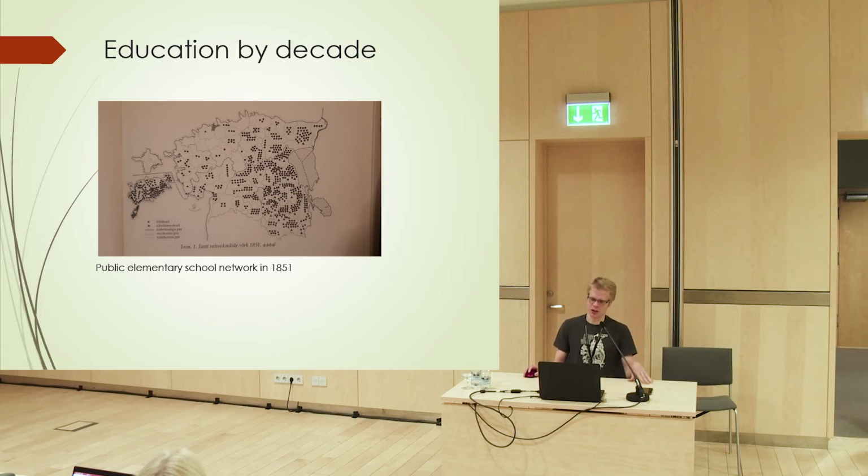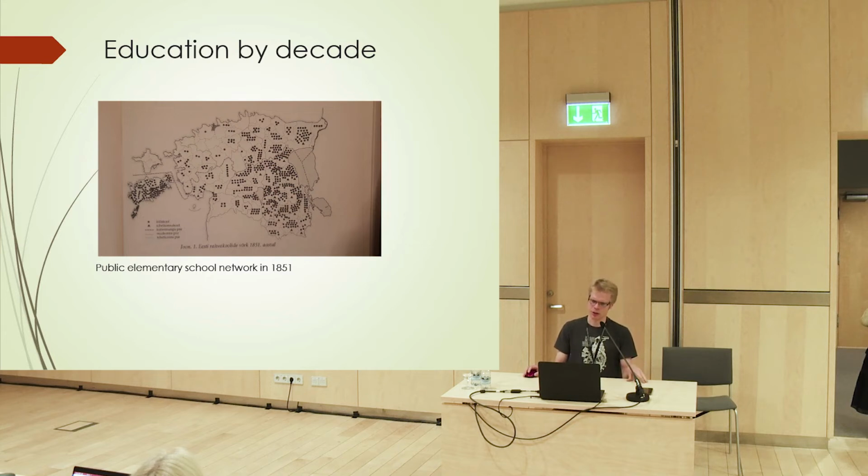And Livland had earlier education policies, so much earlier they got many more schools. So each of those points here on the map is a public school, not by location, but just within that territory there were those schools.